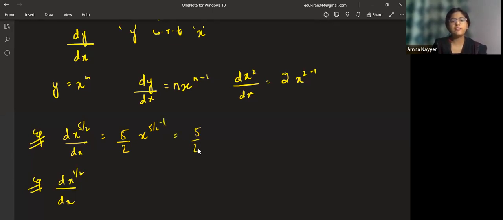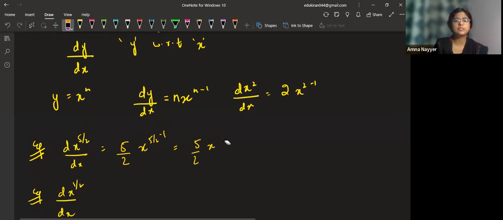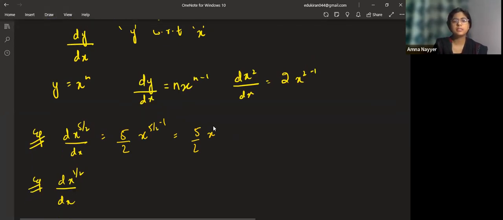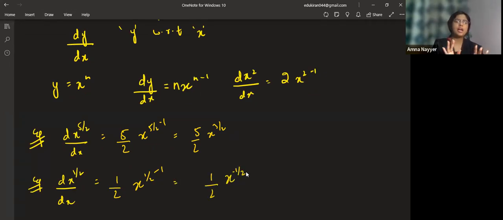That becomes 5 by 2, x to the power 3 by 2. Similarly, if I have to differentiate x to the power half, the half comes out, x to the power half is left now, subtract 1. That becomes half, x to the power minus half. This is how we perform the basics of differentiation.